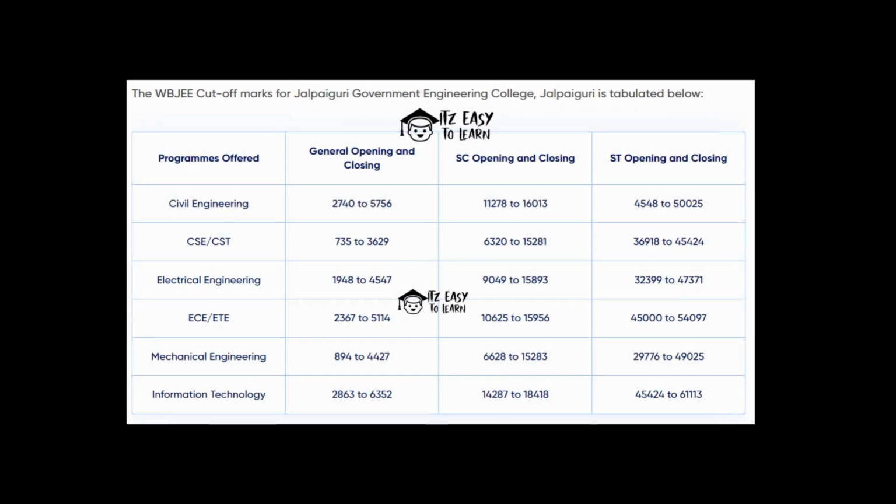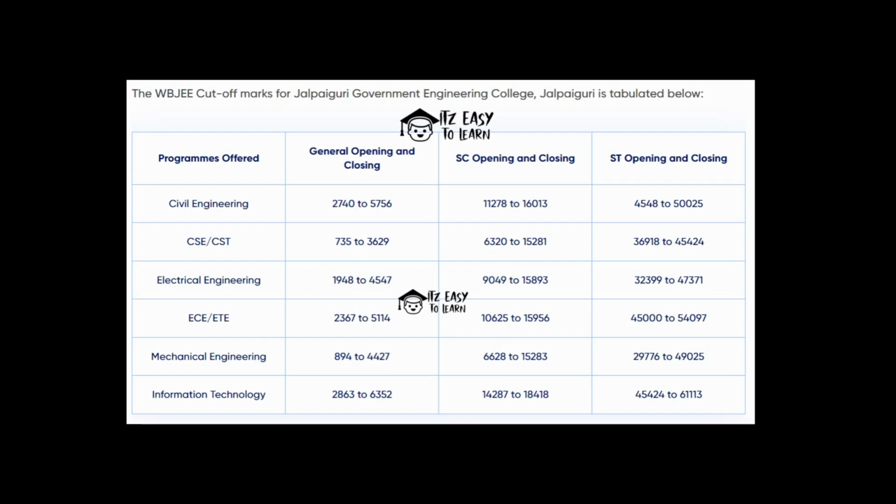Our next college is Jalpaiguri Government Engineering College. It's a popular and well-known college in Jalpaiguri. So if you want to study civil and you are general, then you should rank between 2740 to 5756. CSE or CST, that is computer science and engineering or computer science and technology, you should rank between 753 to 3629.